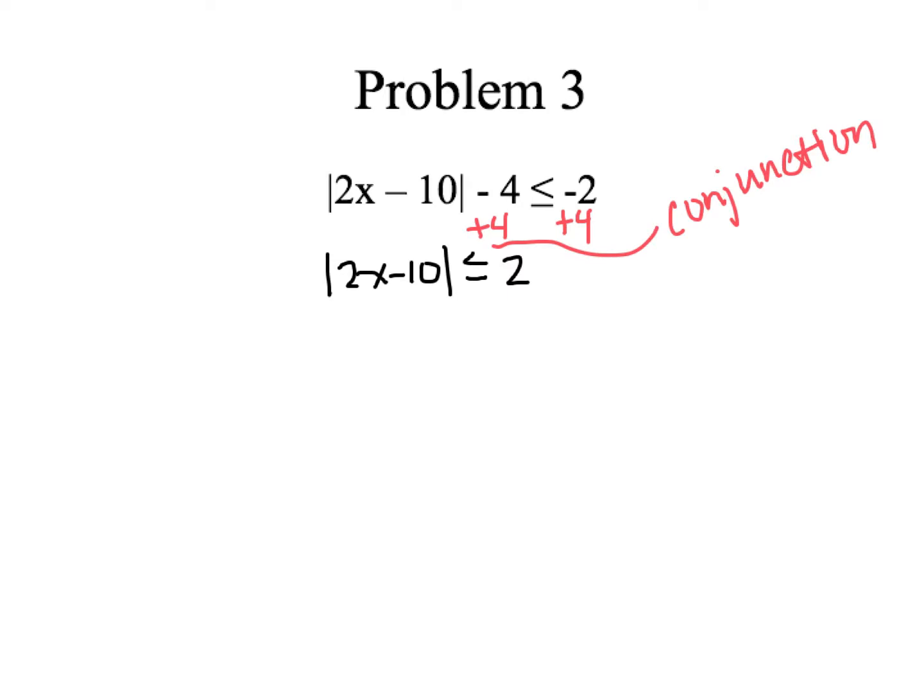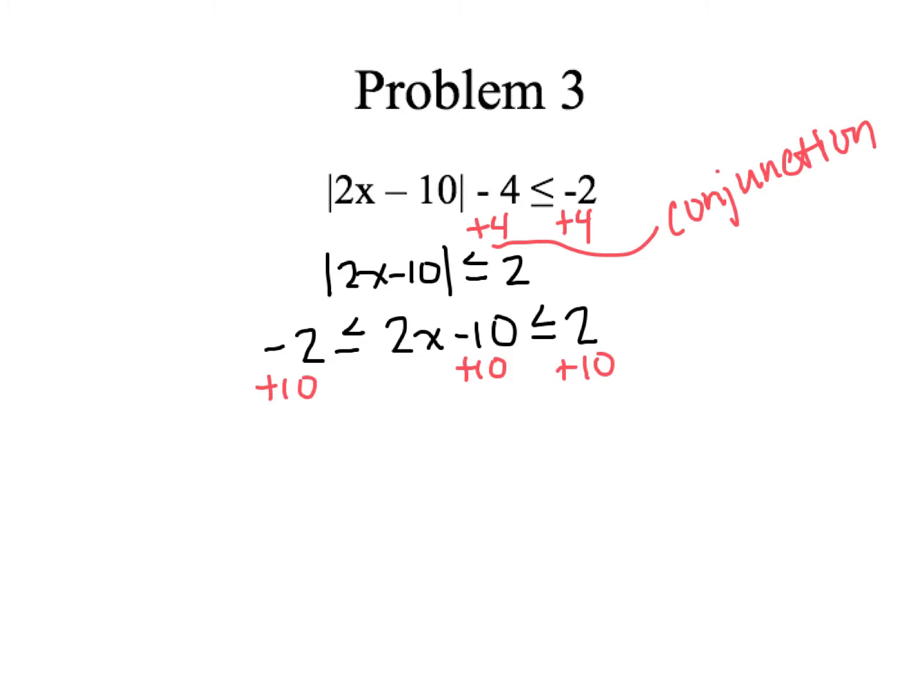So I'm going to first rewrite it. 2x minus 10 is less than or equal to 2. And it's greater than or equal to negative 2. So now, solve. I'm going to add 10, add 10, add 10.